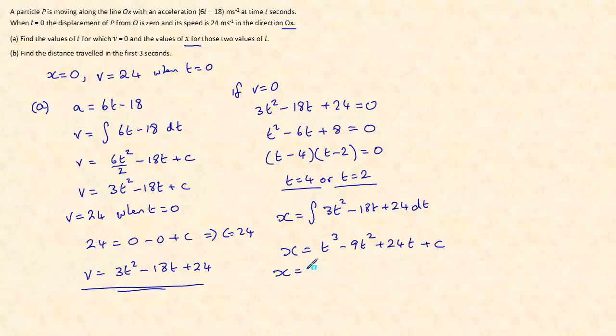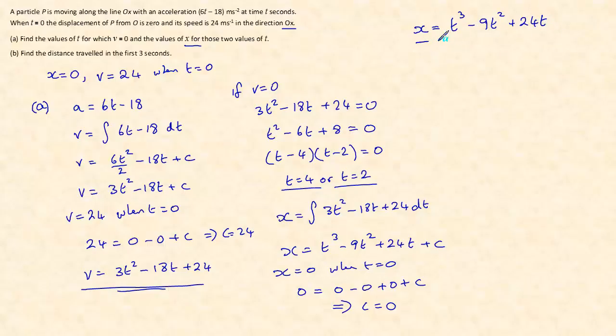We're given that x is 0 when t equals 0, so 0 equals 0 take 0 plus c, which means that c is 0. So we now have that x is t cubed minus 9t squared plus 24t.